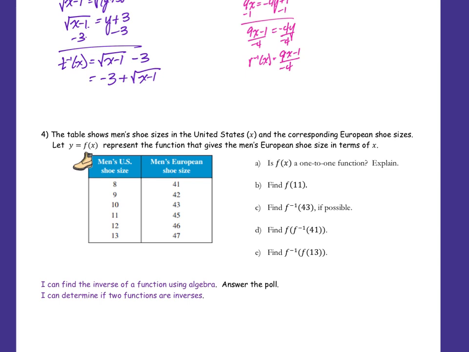Is f of x a one-to-one function? One-to-one function means it's the same as passing the horizontal line test. For every x there's one y, and one-to-one means also for every y there's one x. So is it a one-to-one function?